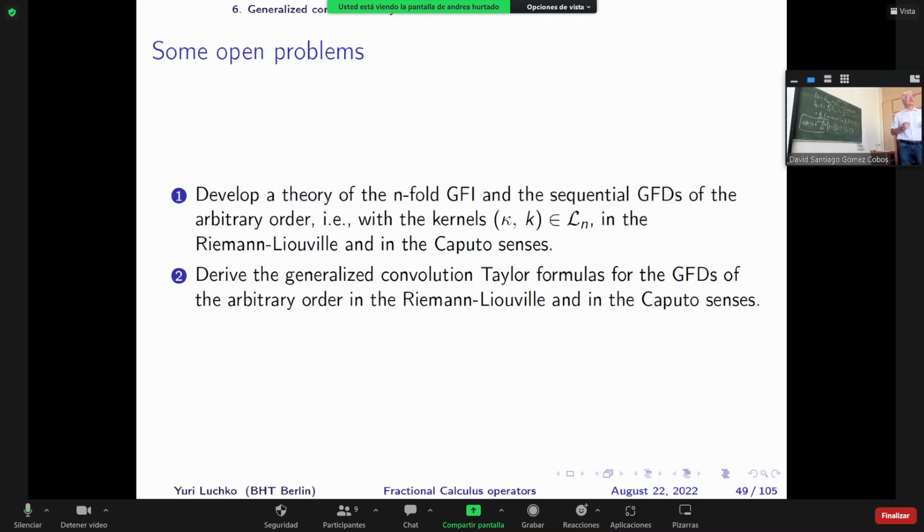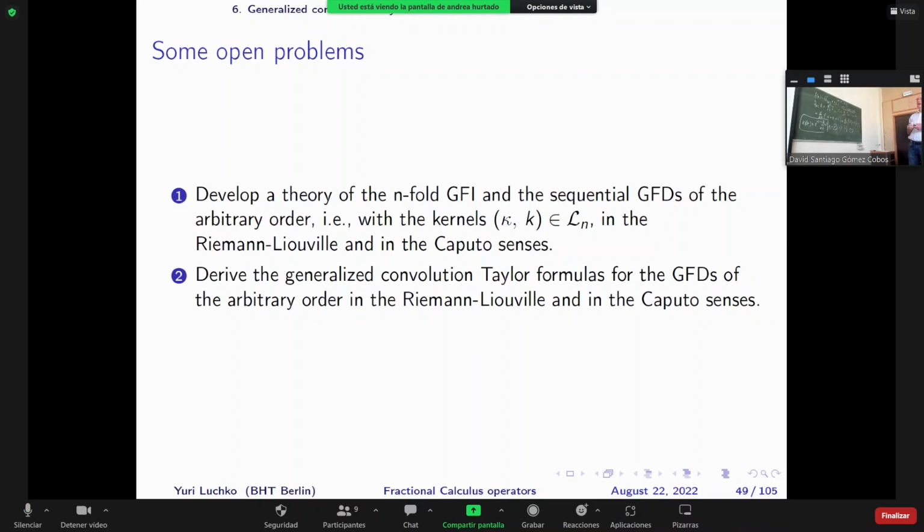But after that, only few research was made in this field. But starting from the publication by Pskhu, I mentioned yesterday, in 2011, some people started to work with these objects, and therefore the theory is more or less new.